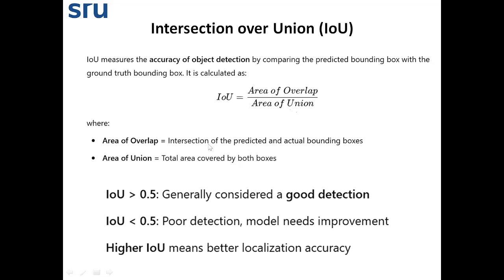Area of overlap is the intersection of the predicted and actual bounding boxes. Area of union is the total area covered by both boxes. If IOU is greater than 0.5, it is generally considered a good detection. If IOU is less than 0.5, it is generally considered a poor detection.